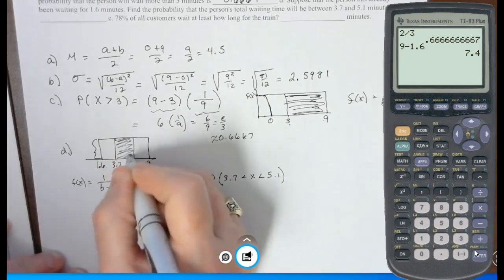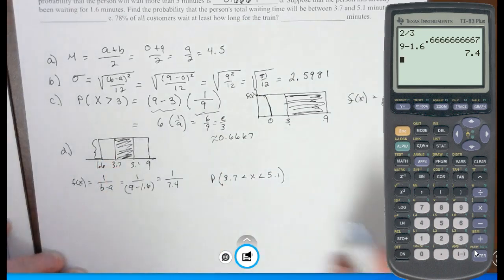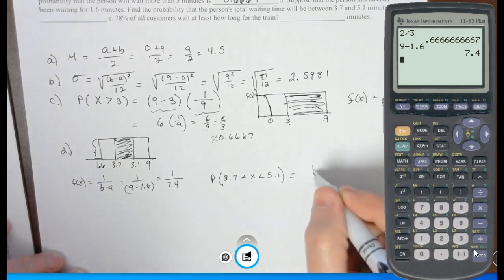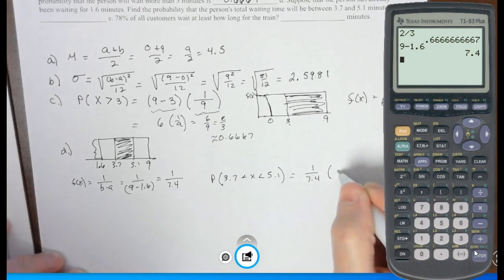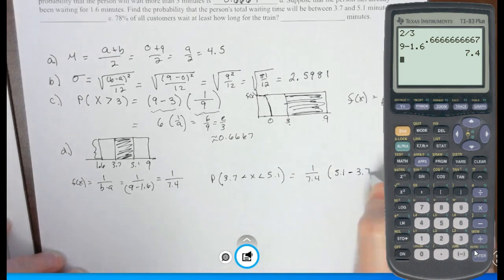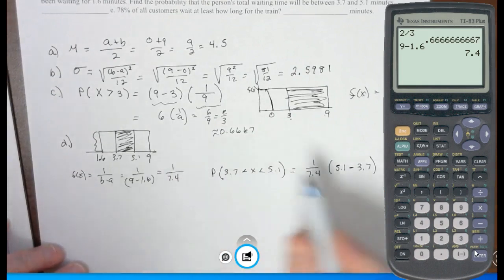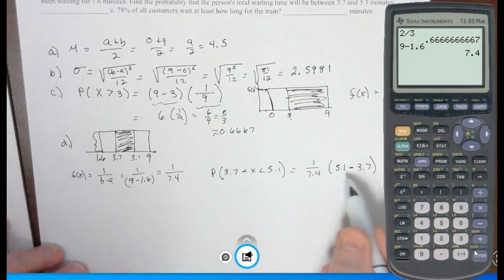We're looking for this area. Okay. So we would have 1 over 7.4 times 5.1 minus 3.7, because that would be my width. Again, width times height, or base times height, however you want to look at it.